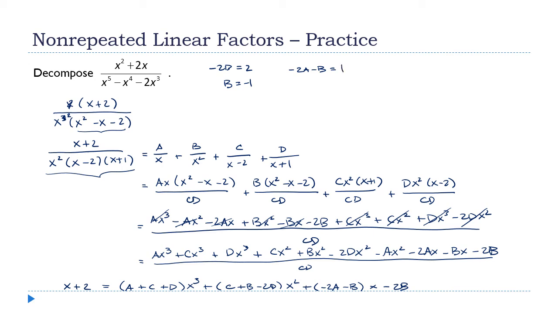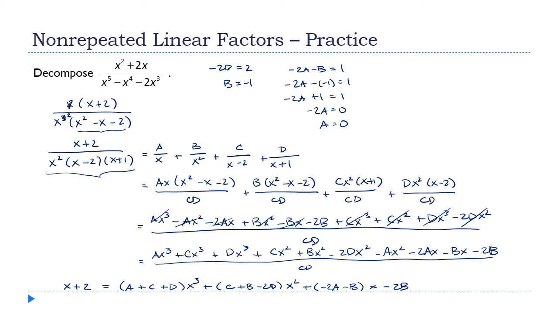But I already know what b is. Right, b is negative 1. So this is negative 2a minus 1 equals 1. That's minus 2a plus 1. Well, that's nice. Subtract 1 from both sides. Minus 2a equals 0. So a is equal to 0. Well, that came out pretty good.